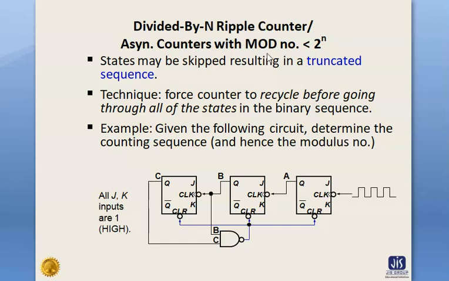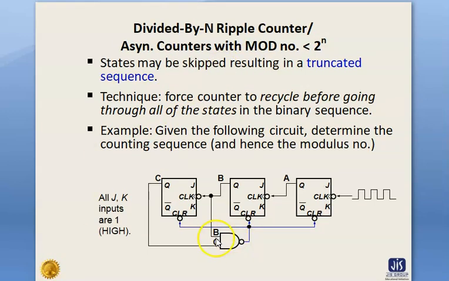Now we connect all the flip-flop outputs that are 1 at the count n of the counter as inputs to the NAND gate. Connect the NAND gate output to the clear inputs of all flip-flops. By this procedure we can design a mod n or divided by n ripple counter. And as an example, this is a divided by n ripple counter.